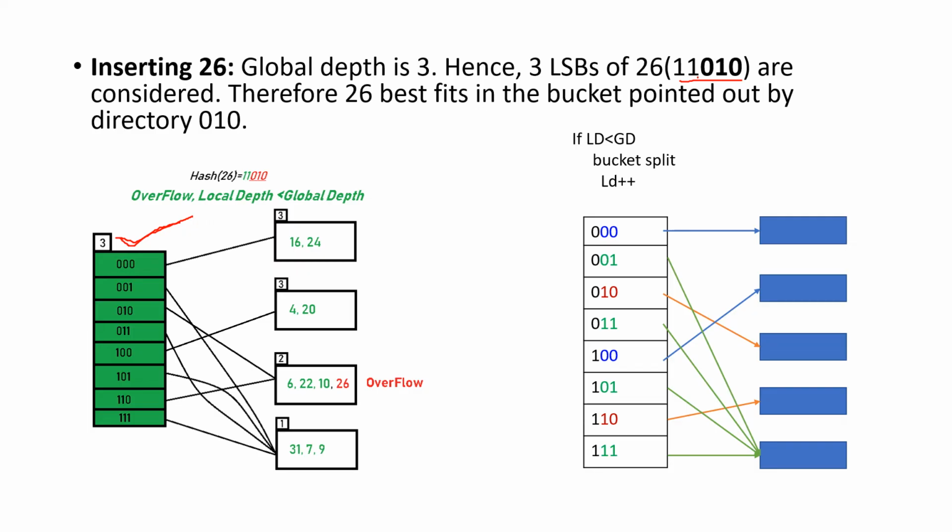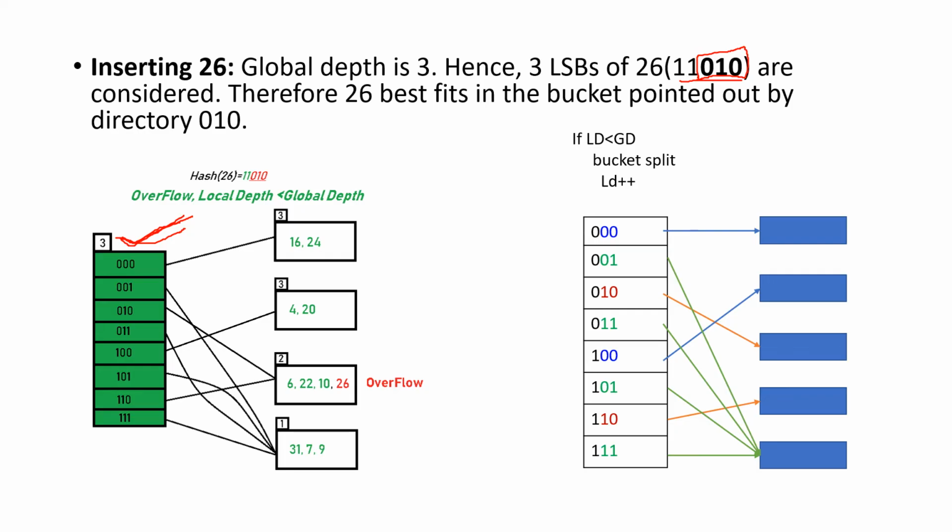Whatever the global depth is, that many LSB bits you check, and accordingly you store it in the bucket. So here my global depth is 3. So for 26, I will check the 3 LSB bits, and whichever bucket the directory entry points to, there 26 will be stored.